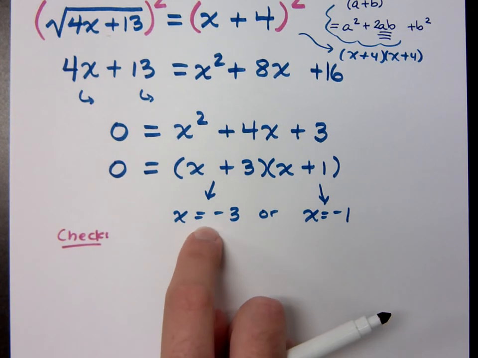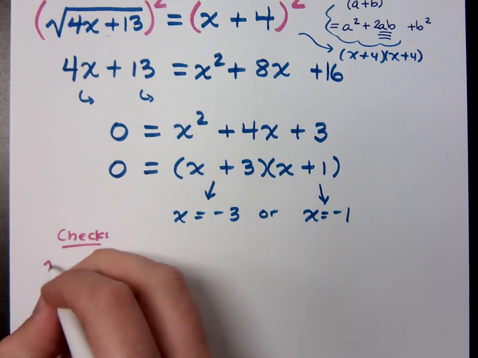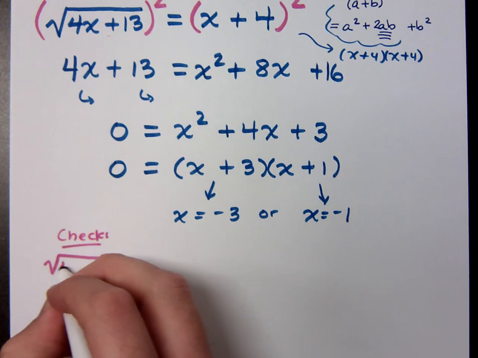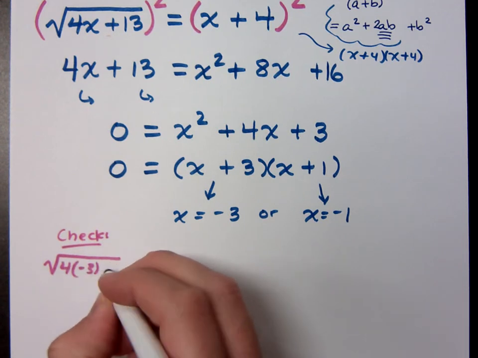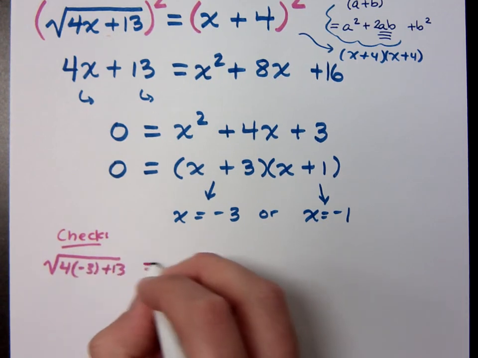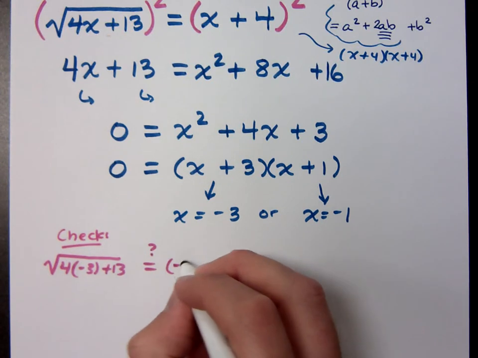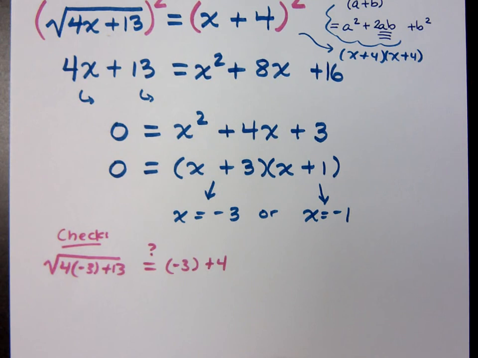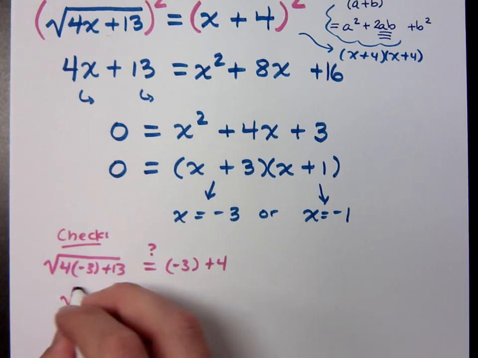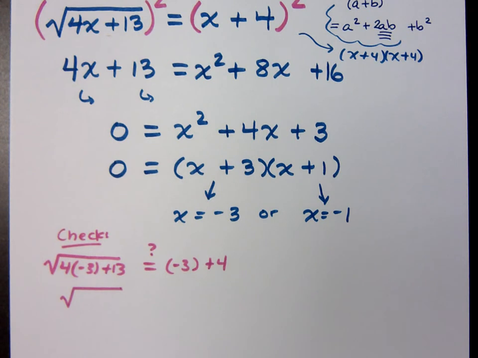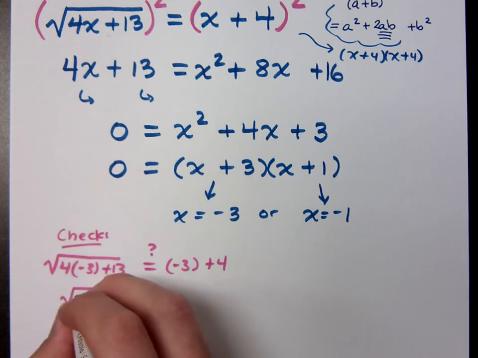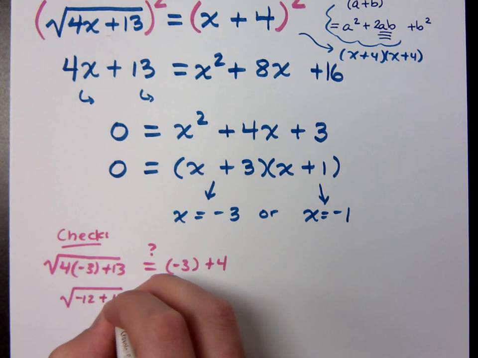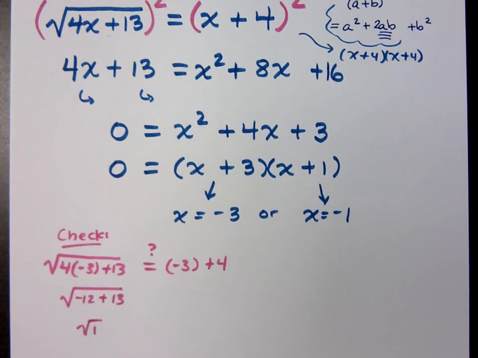Well, you better check them, right? If I plug in negative 3, so if I do 4 times negative 3 plus 13, does that equal negative 3 plus 4? This is the square root of what? Negative 12 plus 13 is 1. So that's the square root of 1 on the left side.